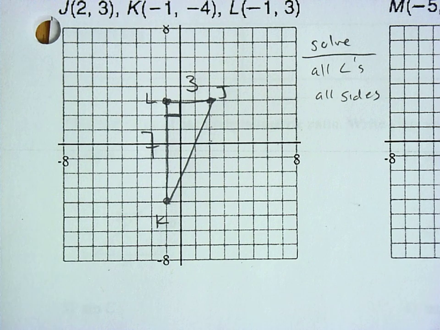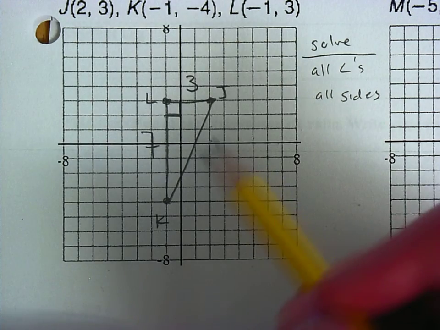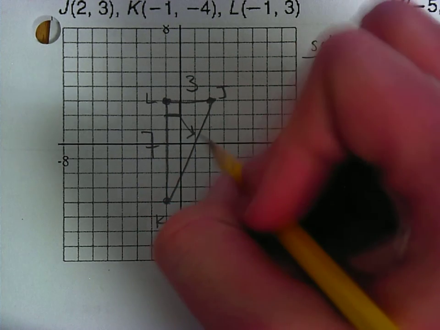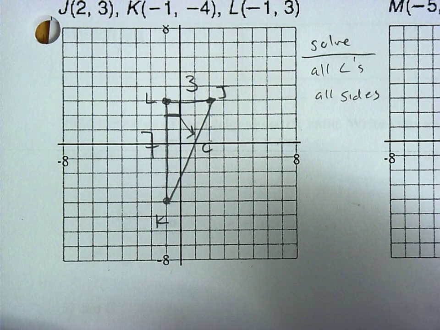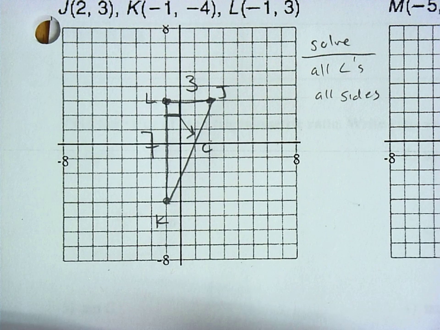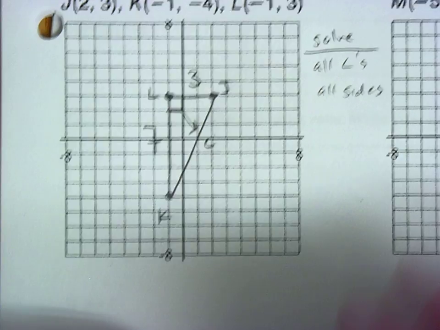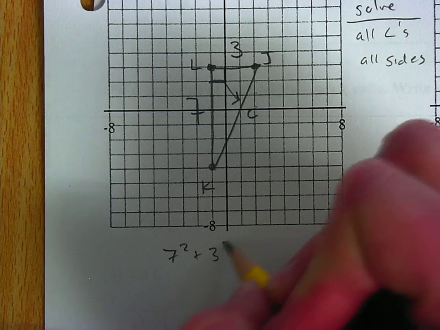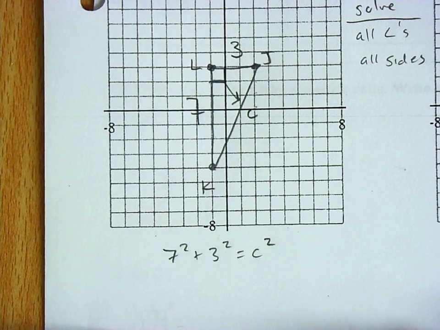Now we know if we don't have an angle, we can find this third side by doing the Pythagorean theorem. And they were nice enough to make the hypotenuse C. So we're just going to solve for C. 7 squared plus 3 squared equals C squared.